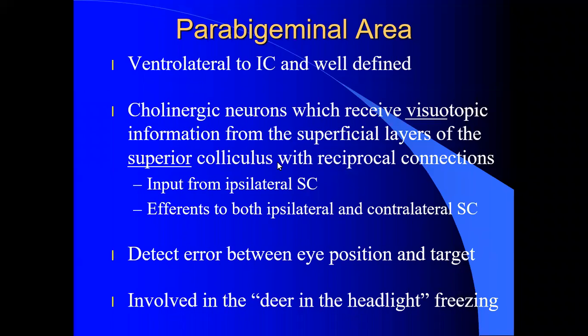So we're talking about them because they're in caudal pons, but we're going to return to them when we get up into the rostral pons and think about superior colliculus. They get their input from the ipsilateral superior colliculus. They project to the ipsilateral and contralateral superior colliculus. What are they doing? They're very important. They are for error detection between eye position and target.